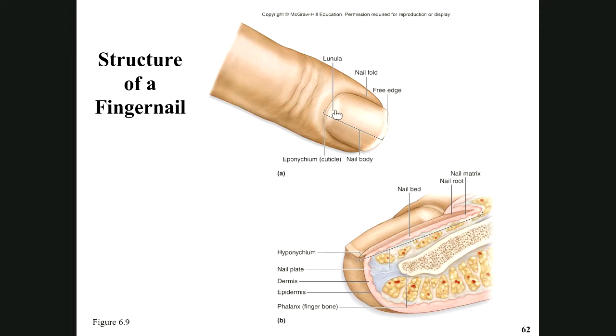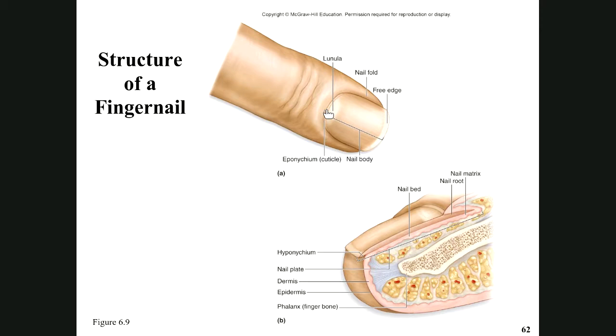On both sides of the nail, here and here, you can see nail folds. They are folds of skin overlapping the nail. One part of the nail which attaches to our skin is called the eponychium or the cuticle, and this part is removed when we do a manicure or pedicure.